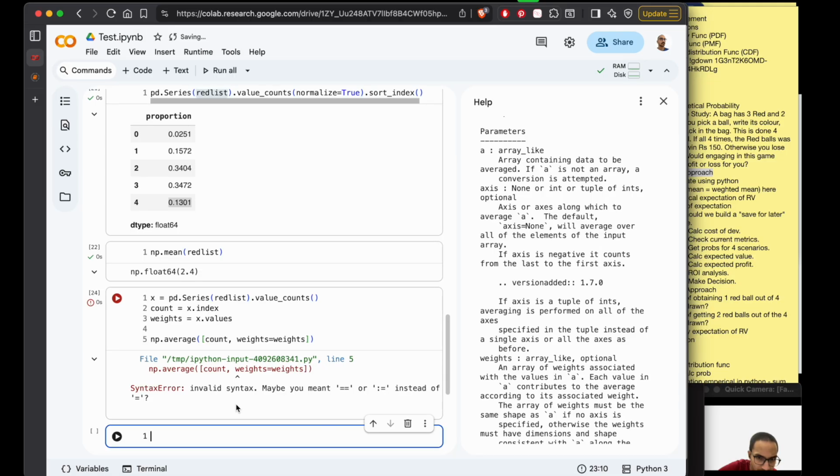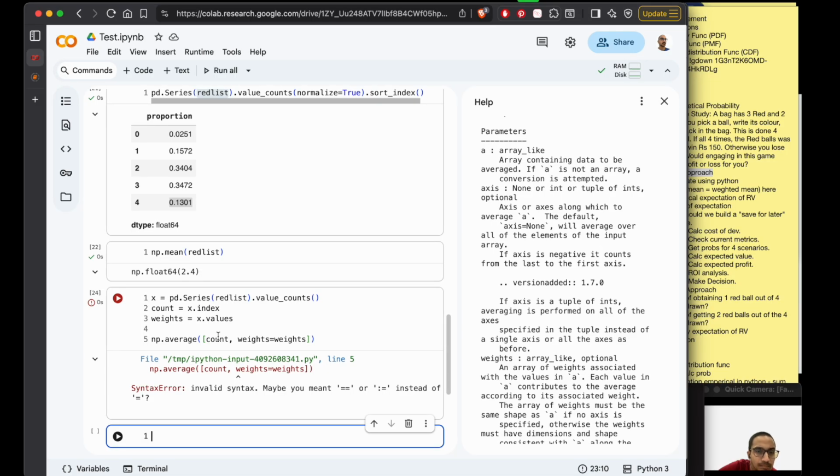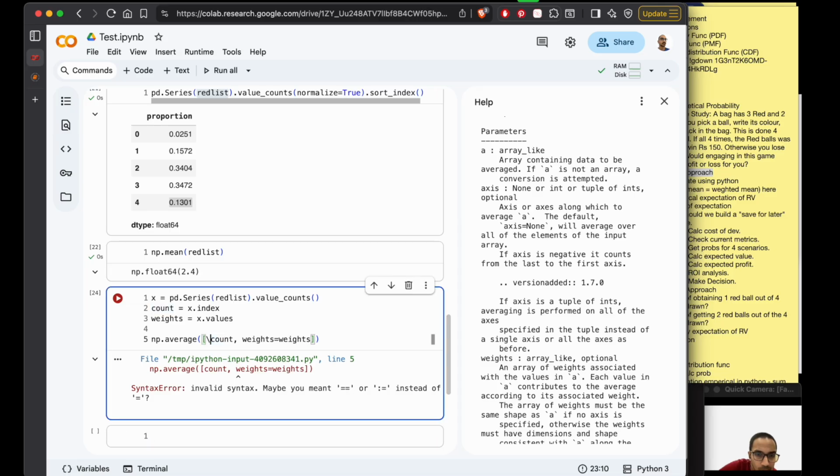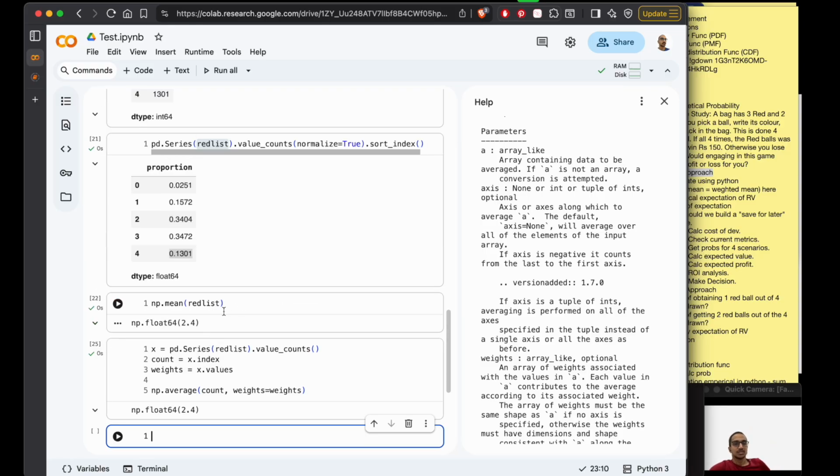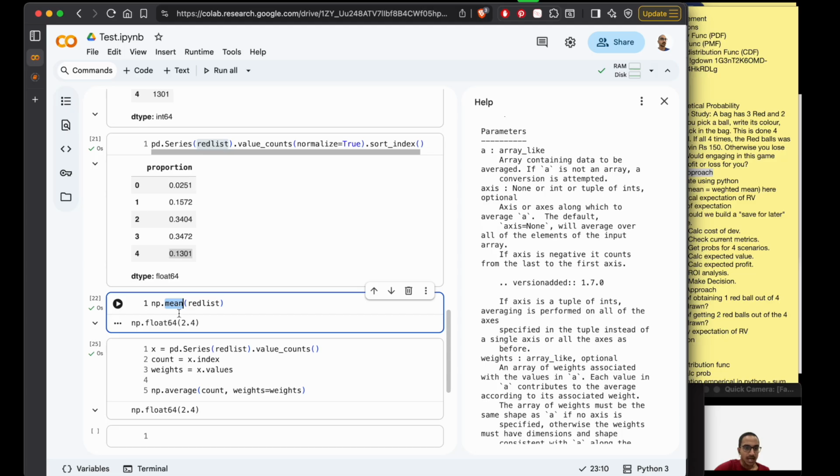Maybe you meant equal to. Okay. So you see here, mean and weighted mean both are 2.4.